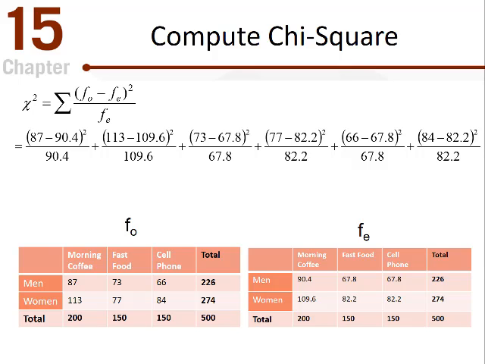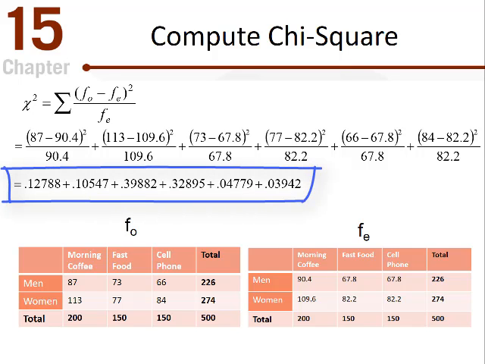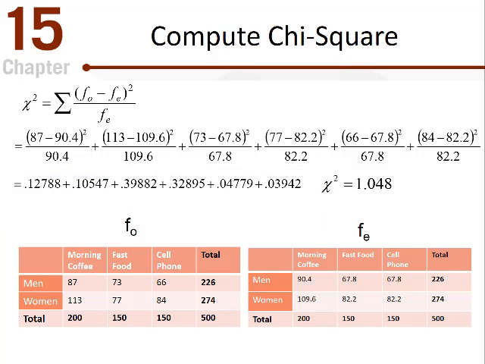So you can see we have to do this for each of the cell combinations. 87 minus 90.4 squared over 90.4 plus 113 minus 109.6 squared over 109.6, and so on for each of the cells. So this is what you get for each cell. You should come up with a chi-square of 1.048.